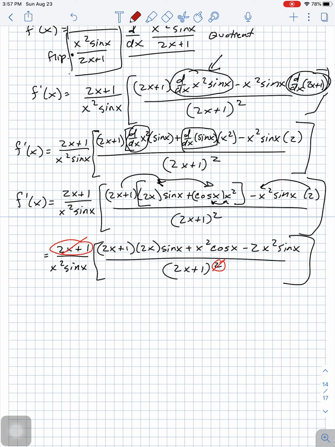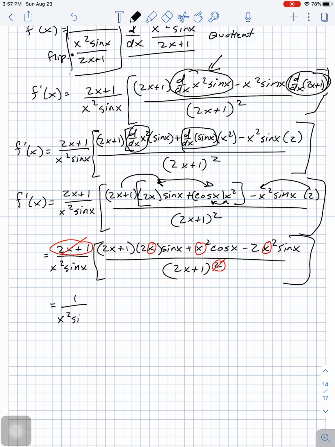But what I do see on the top of this big fat fraction is that this, not the 2, this term has an x. I erase my parenthesis. Okay. And I see that this term has an x and this term has an x. These last two have more than an x, they have 2, but at least they have 1. So let's factor that out of the top.